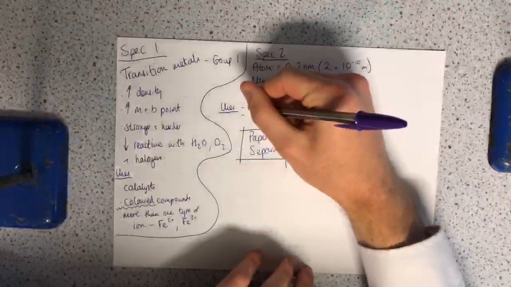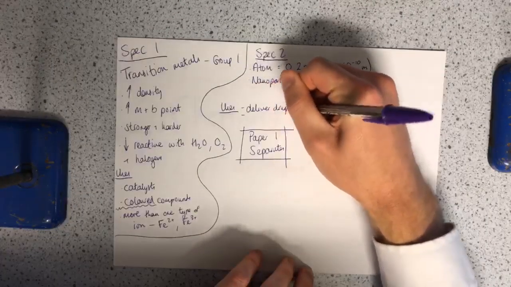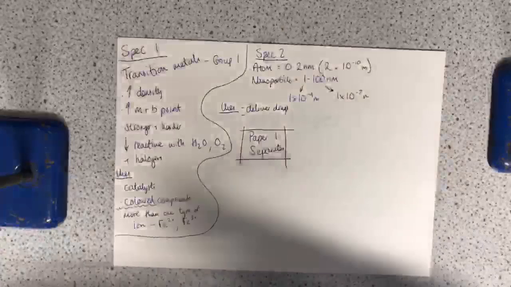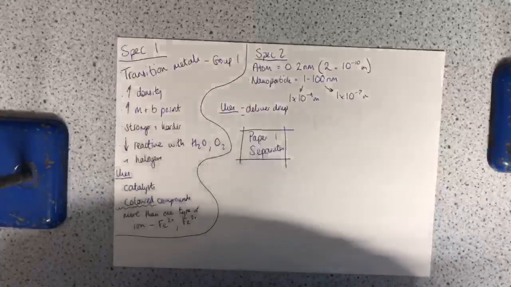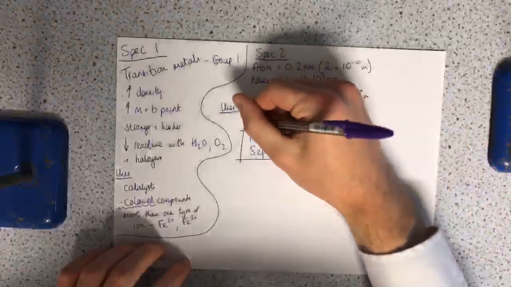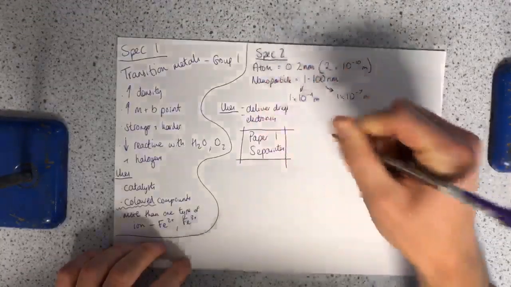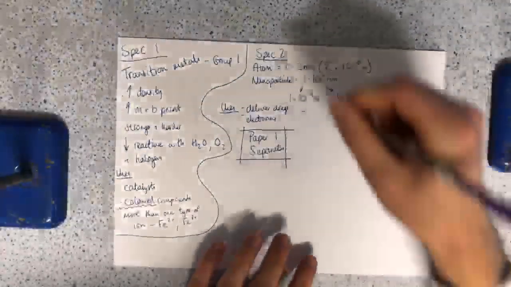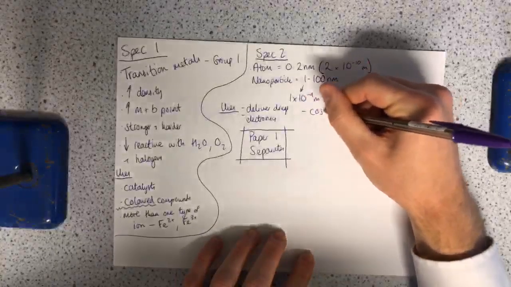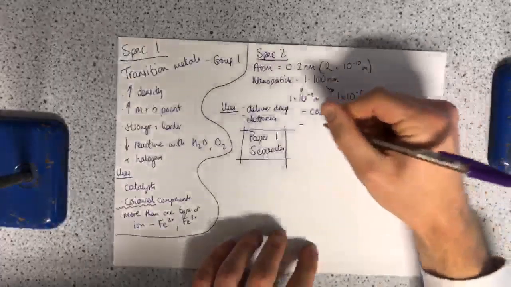So you can use them to deliver drugs in medicine. Because they're so small, you can get them into the body easier, and therefore for drug delivery. You've got electronics, because they're so small, maybe all right, 4 or 5. You've also got cosmetics. You've got sun creams.